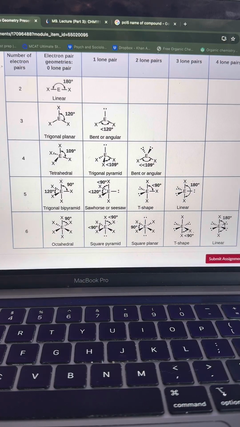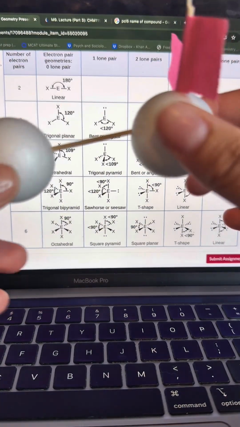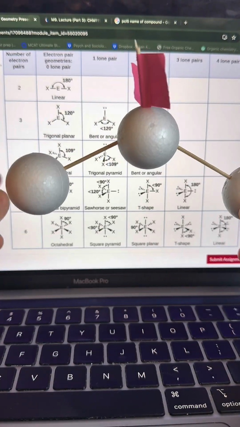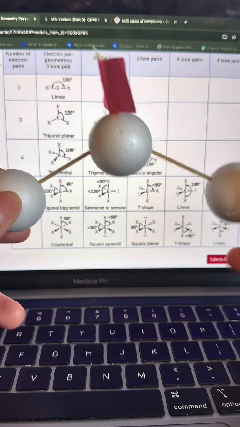And then we lose another bonding area and gain another lone pair. We would have a molecular geometry that is called bent, because the two lone pairs are going to force our atoms to go even closer together.